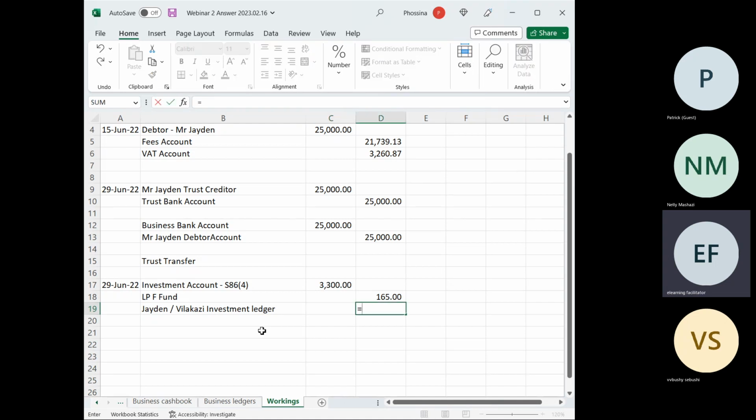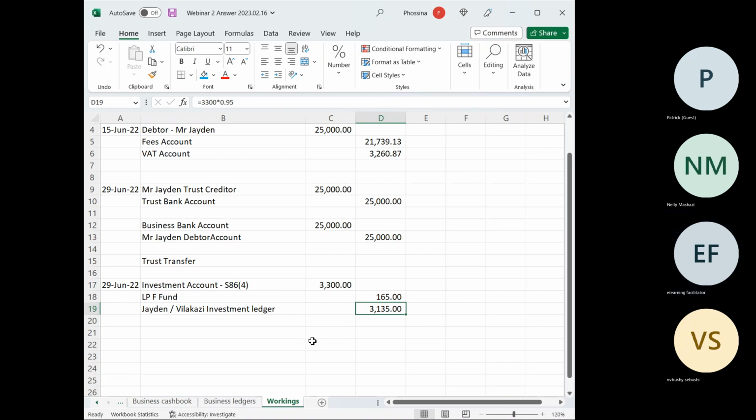So this is the 95% which is going to the investment ledger. So if we come back, we need to account for this in a T account. When I show you journal entries, I'm just showing you so that you can understand how to post these transactions. But we then transfer them from the journal entries into our T accounts.